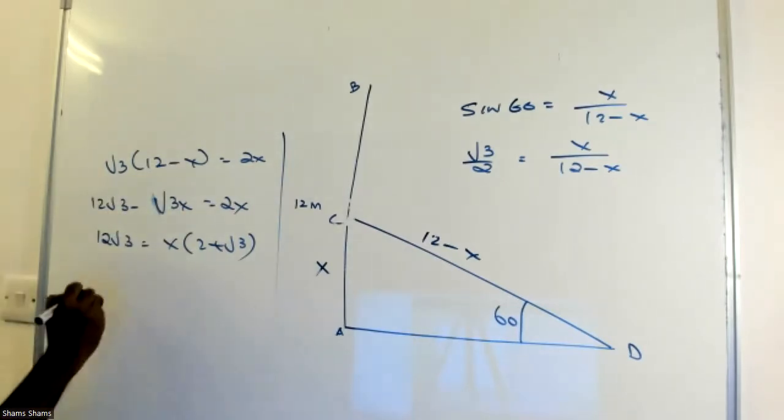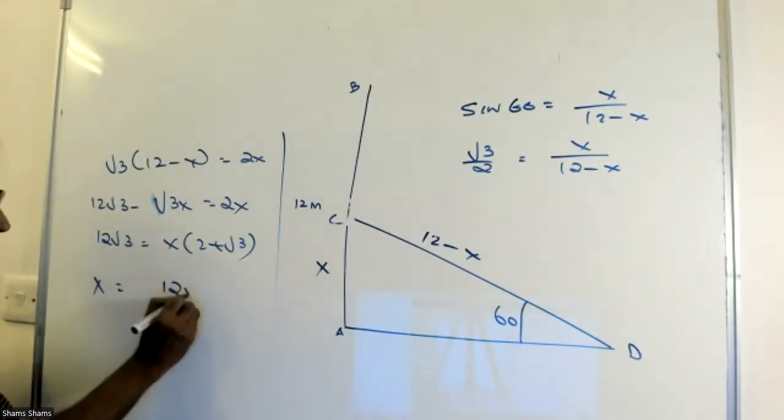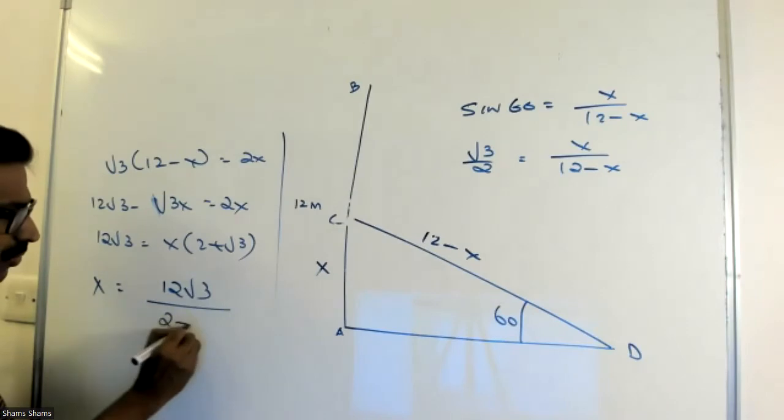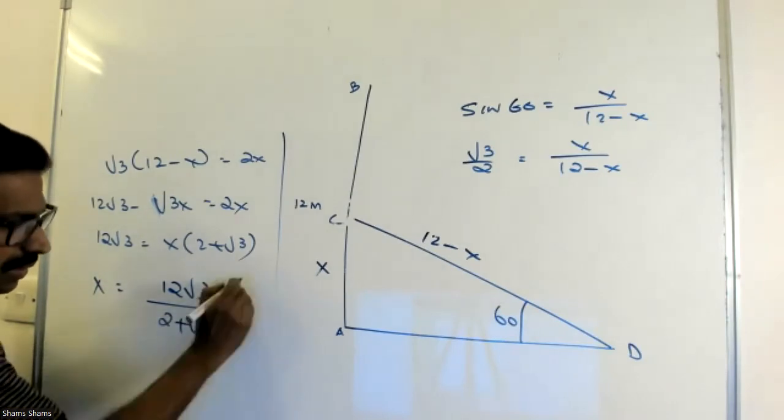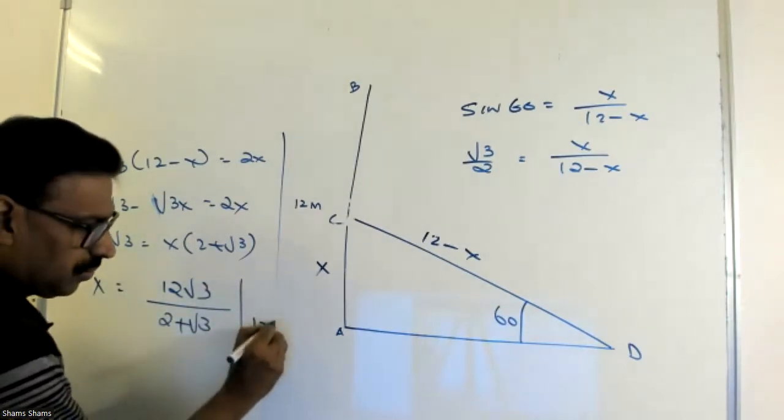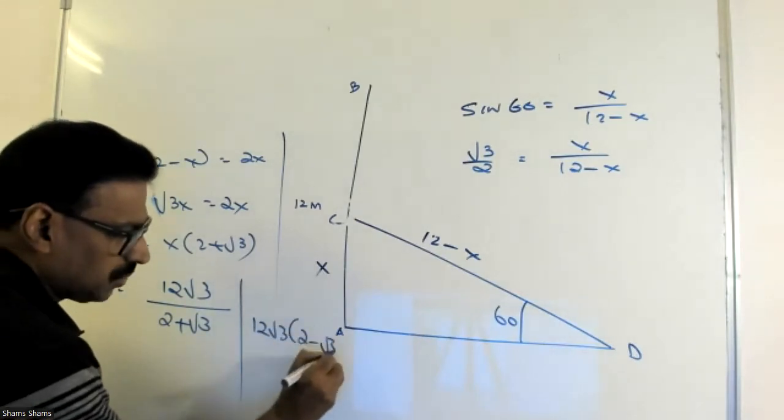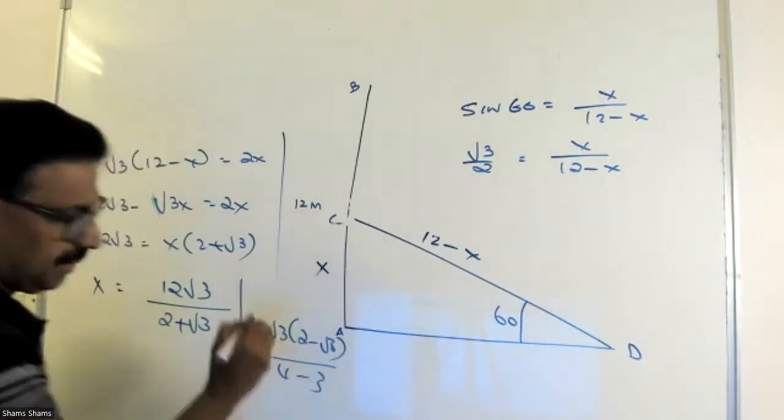So x equal to 12 root 3 divided by 2 plus root 3. Rationalizing: 12 root 3 into 2 minus root 3 divided by 4 minus 3.